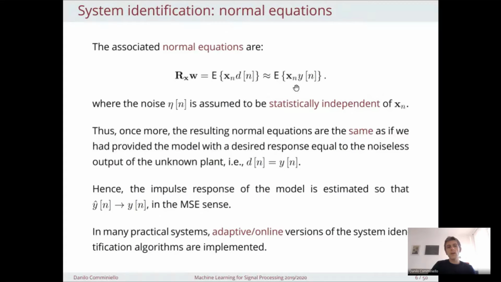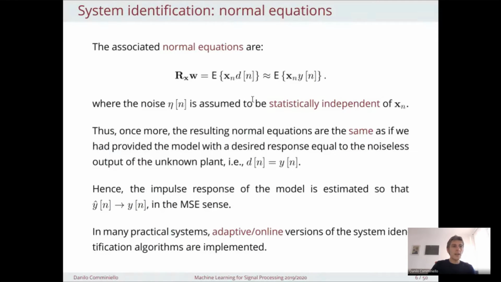So based on this problem, you can apply the mean square error. So you just arrive to solve the normal equations, which can be written in this way. So you have the correlation of the input, your vector of parameters, and the output, which can be written in this way. What does it mean?